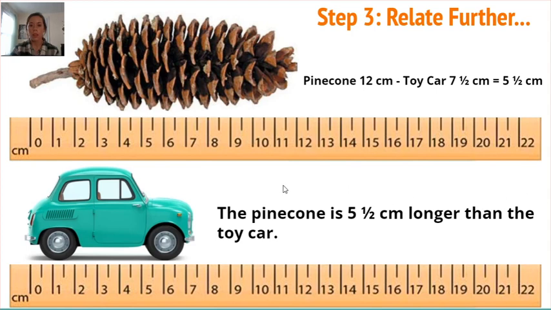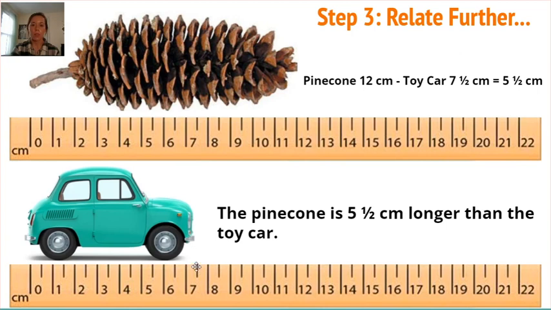All right, and we can see that if we start at 12 and we go down 1, 2, 3, 4, and then we can't go down another whole number. We have to go down half.